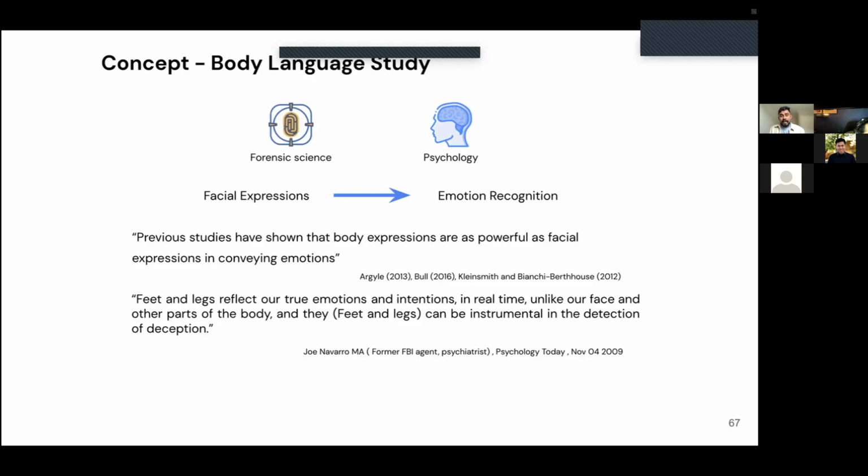And sometimes, according to psychologists and some of the people who use these things on a daily basis, for example, a person like Joe Navarro, who is a former FBI agent and a psychiatrist, you can use body gestures even to detect deception. In certain scenarios, body gestures can be more powerful than facial expressions to detect emotions.